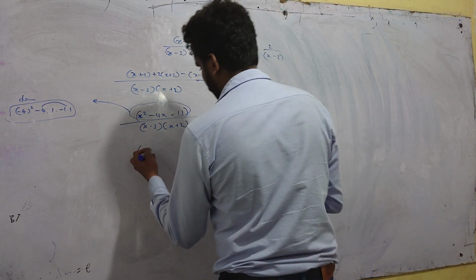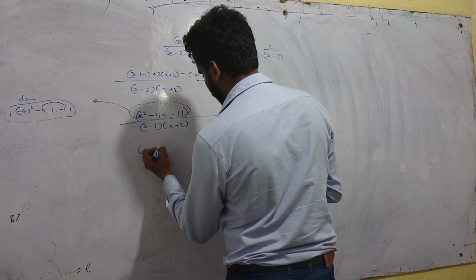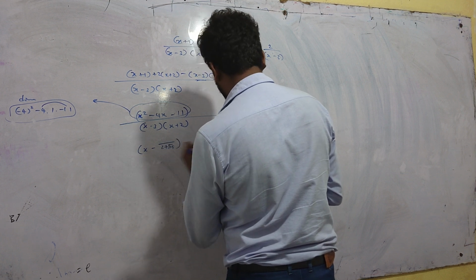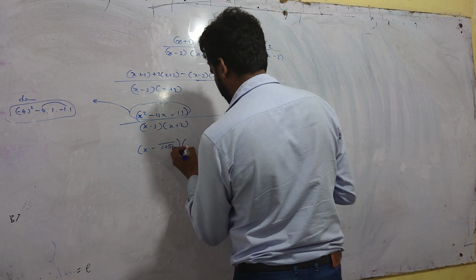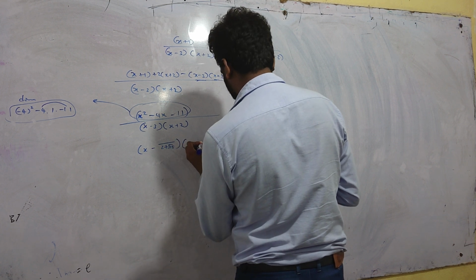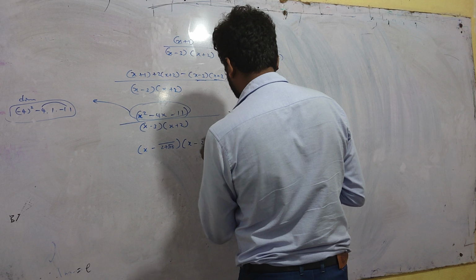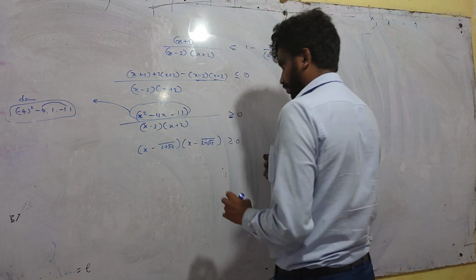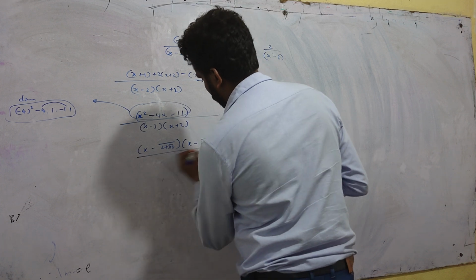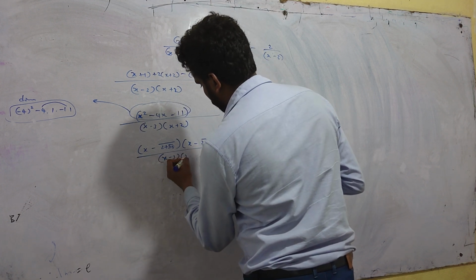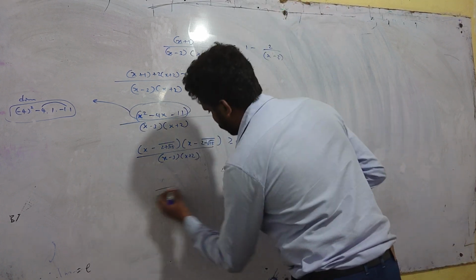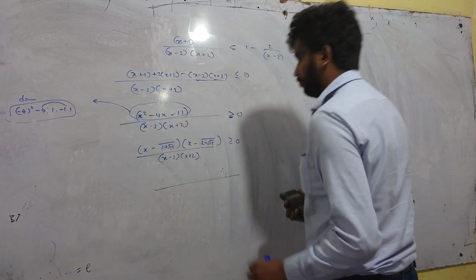This we take to the other side. x minus 2 plus root 15, the other one, x minus 2 minus root 15 is equal to 0. Minus 3 plus 2, right? Then please do it quickly.